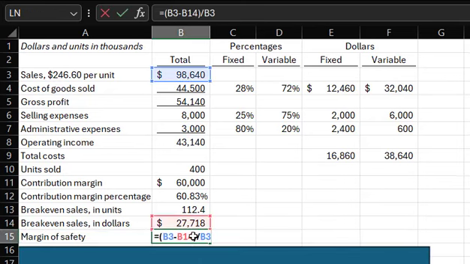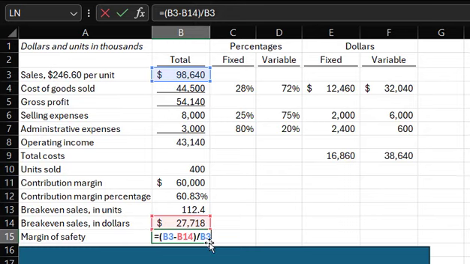From there, we can calculate margin of safety. Margin of safety is simply sales minus break-even, and use it in the same unit of measure. So we're going to do this in total dollars. We take the sales, 98,640, and we subtract break-even sales, and then we divide it by the sales.